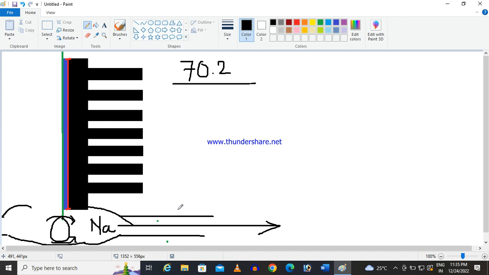Another is called gland leakage. The stem is inserted through some packing or gland, and from there leakage can also take place, with liquid coming out like this. All the leakage classes are defined in this standard, the Fluid Controls Institute standard FCI 70.2.